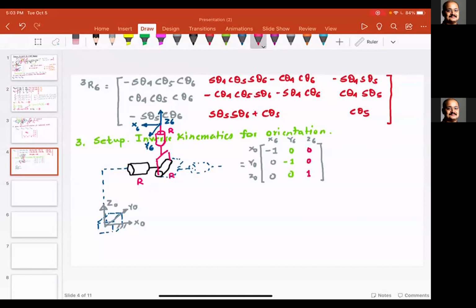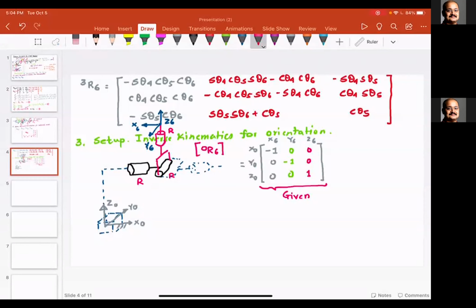So this is how the orientation matrix is given to us. Please understand, this is given, and this is the orientation 0R6.